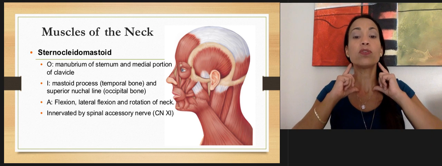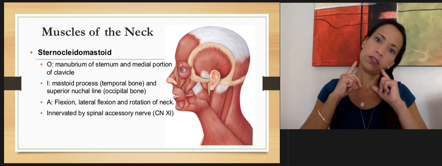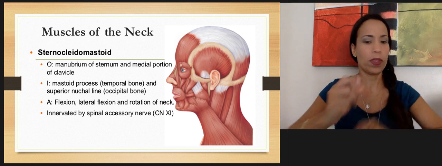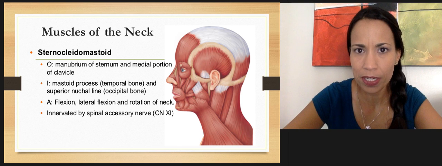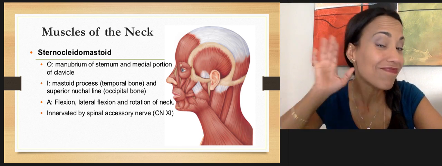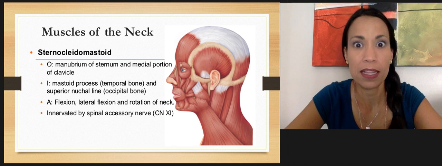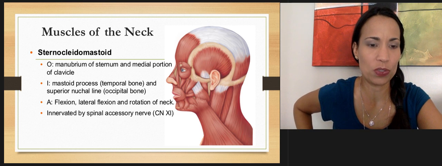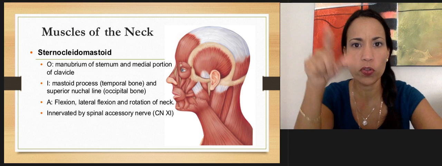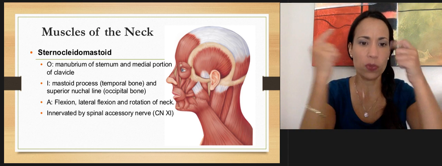So three actions: flexion of the head, lateral flexion, and rotation, like saying no. Okay? Where's that movement happening? Atlanto-occipital, atlanto-axial articulation. Innervation, accessory nerve. We're going to mention this nerve next week. Okay, so keep it in mind.